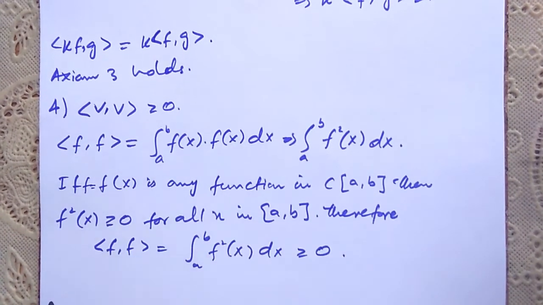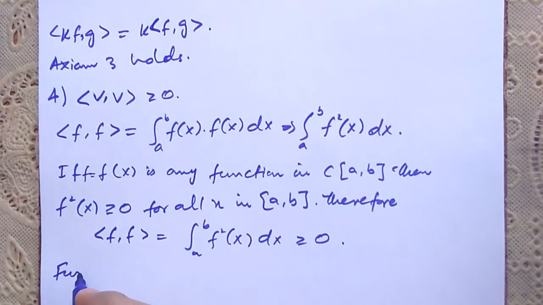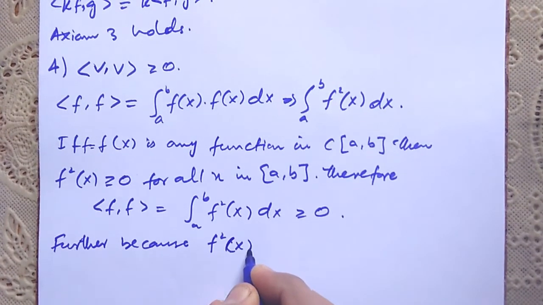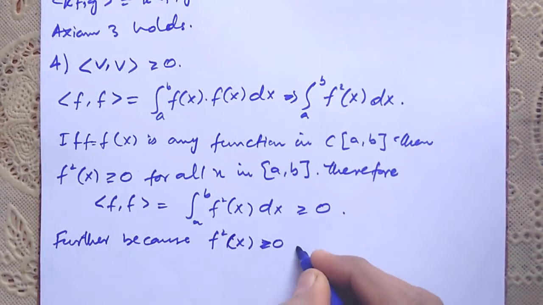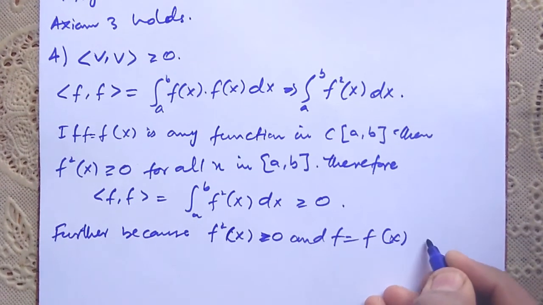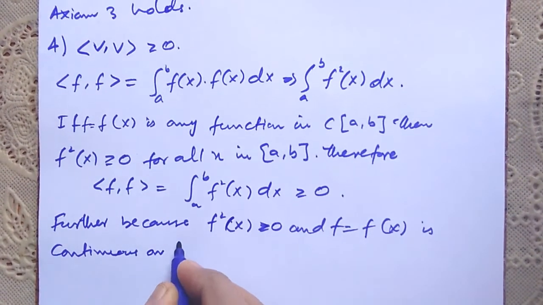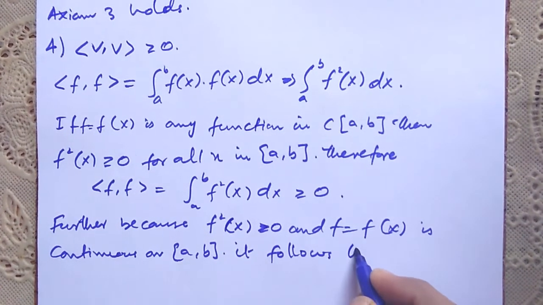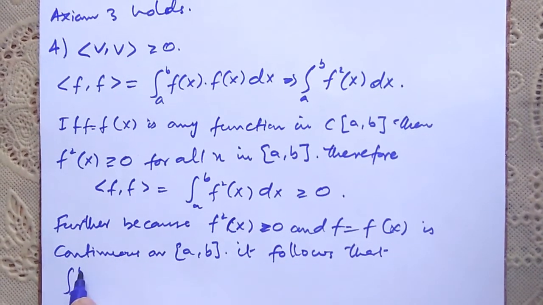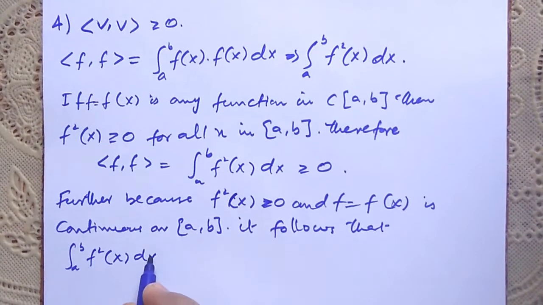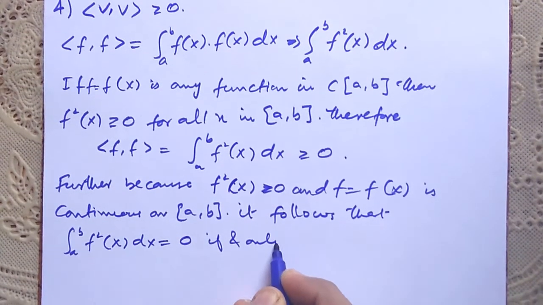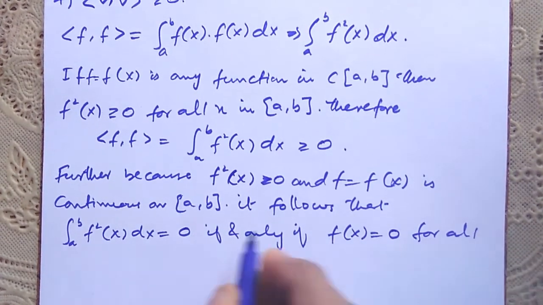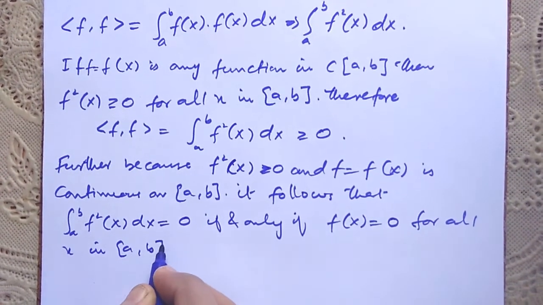And for this formula you can write further, because f square of x is greater than or equal to 0 and f is equal to f of x is continuous on the interval from a to b, it follows that the integral from a to b of f square of x dx is equal to 0 if and only if f of x is equal to 0 for all x in the interval from a to b.